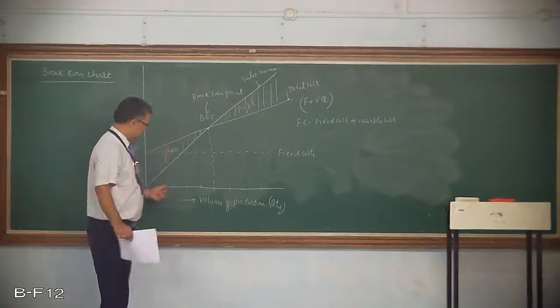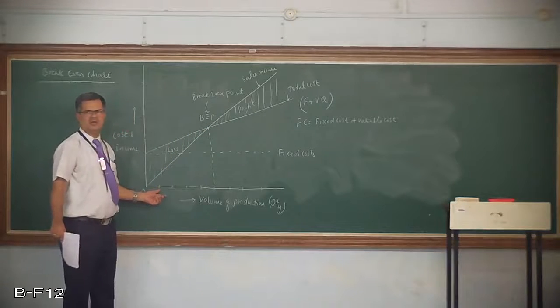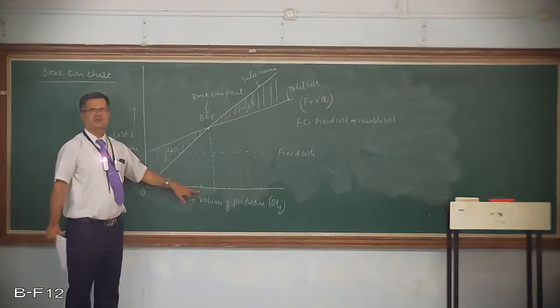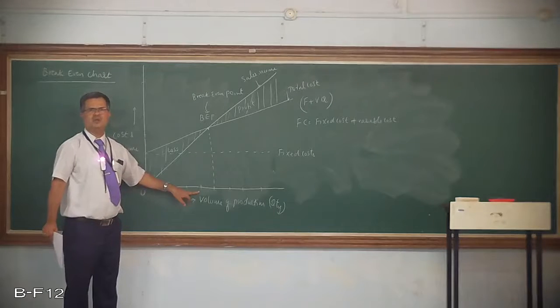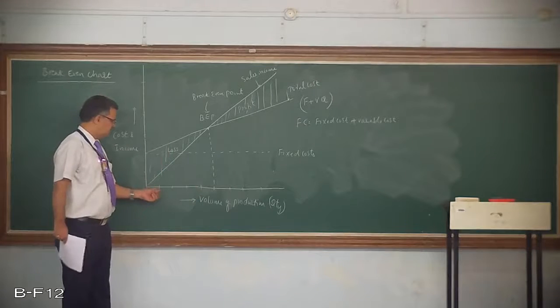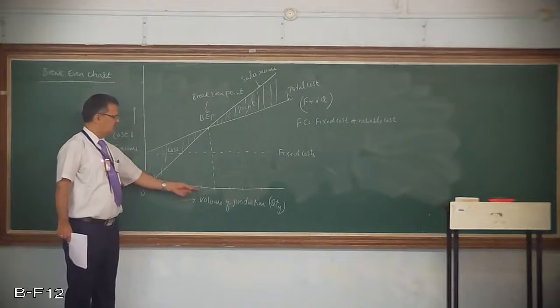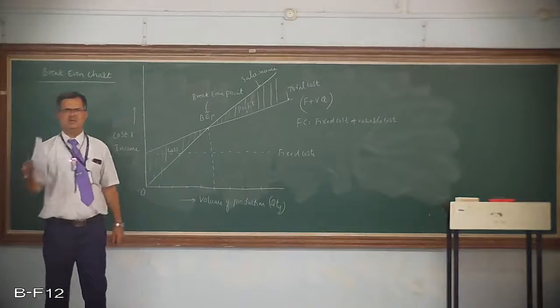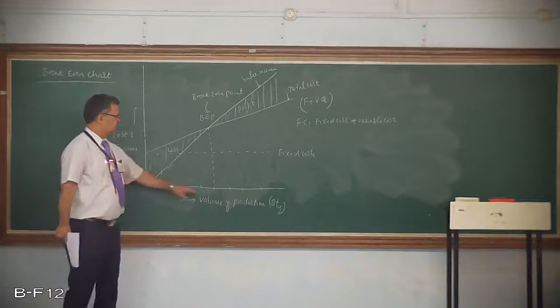For example, here the marks indicate quantity 1, quantity 2, quantity 3, quantity 4. Say quantity 10, 20, 30, 40. If the company manufactures up to these quantities, it incurs loss.